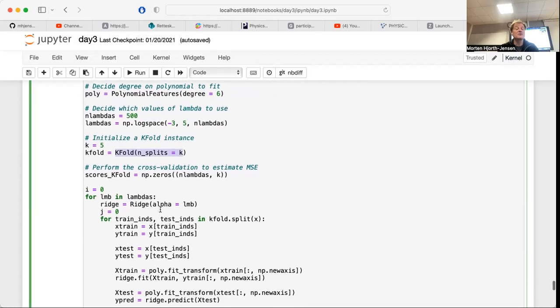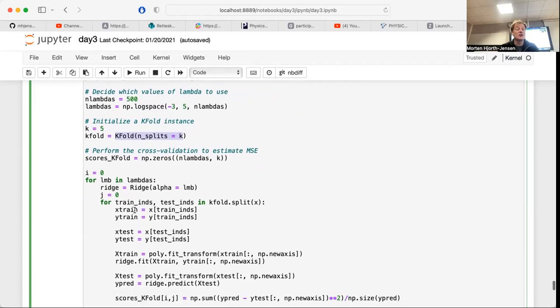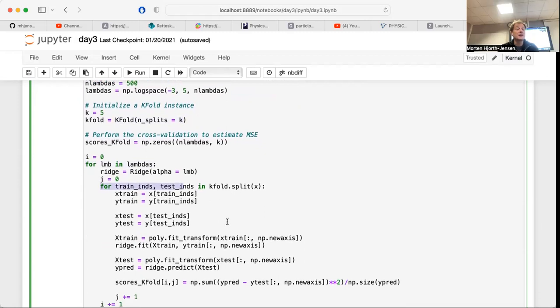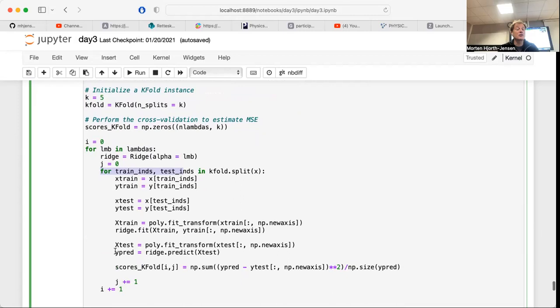Then I set up my training data according to the different folds. I have 5 of them. I'm looping over the hyperparameter, that's the external loop, and then I loop over the folds. I do the training and testing, and in each case I calculate a prediction and the score, which is the mean squared error. So that's my own function.